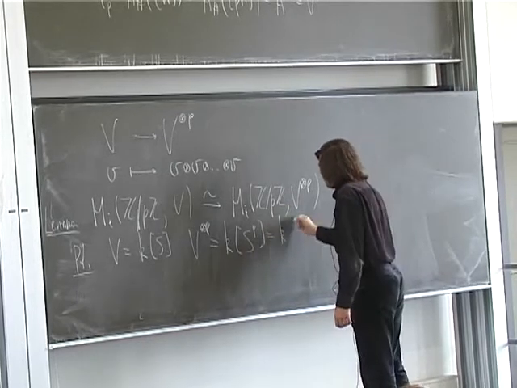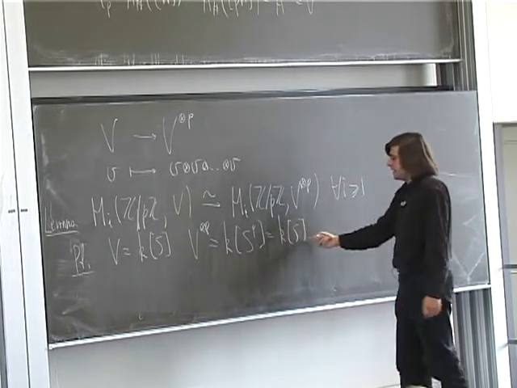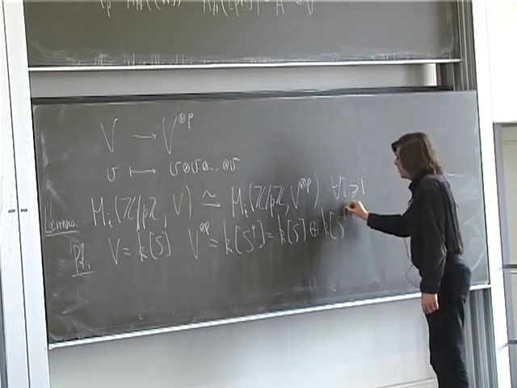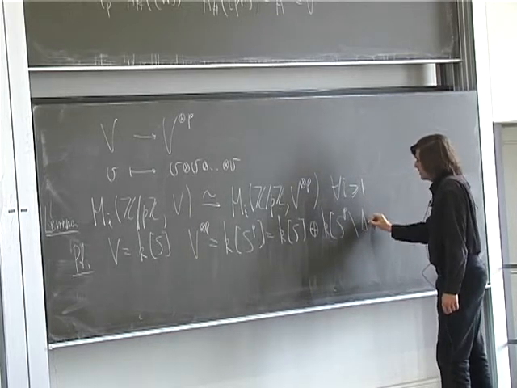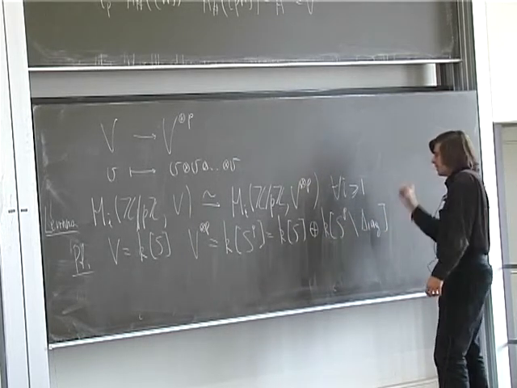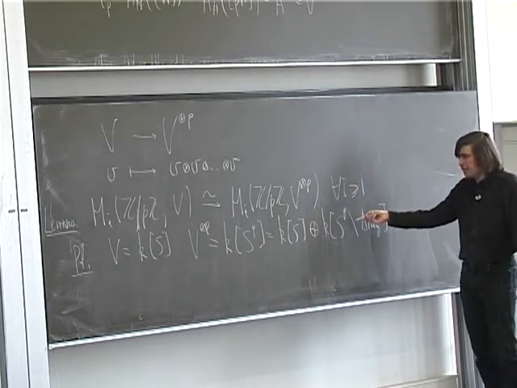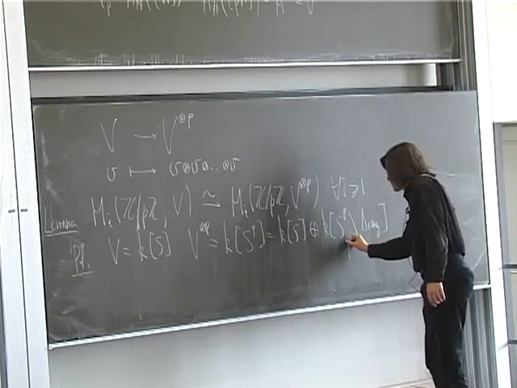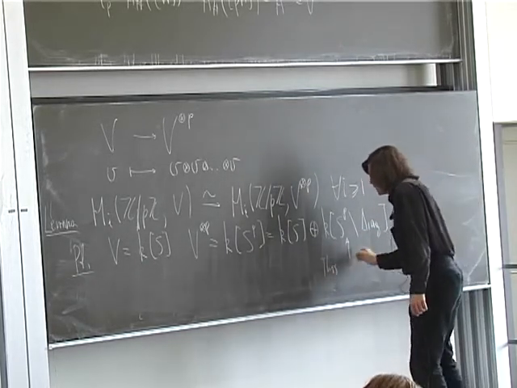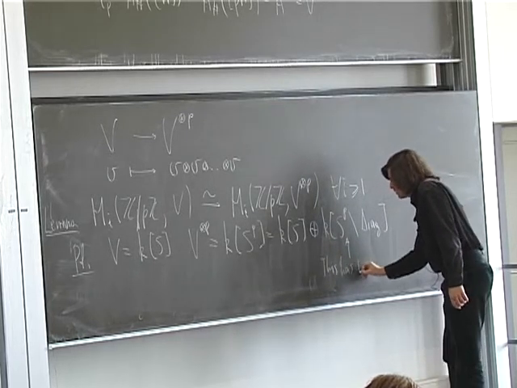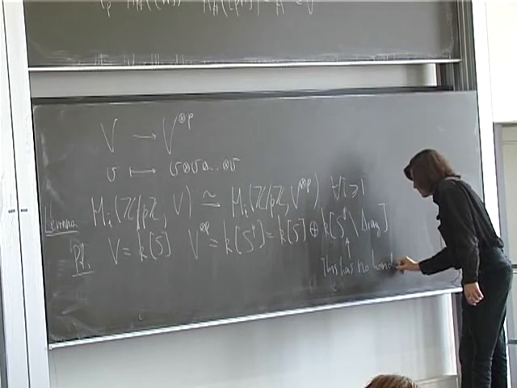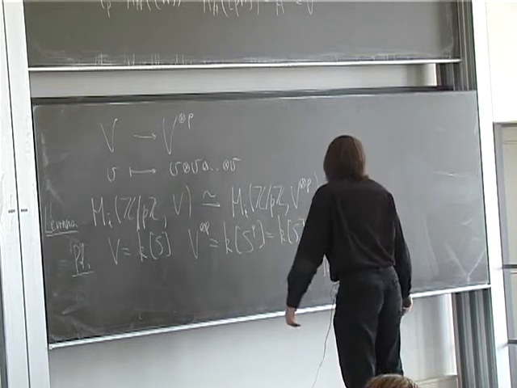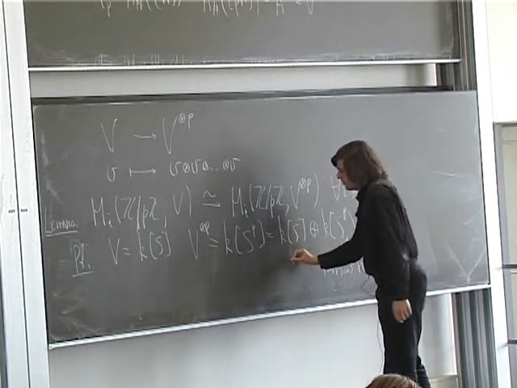So this actually decomposes into functions on the diagonal plus functions on the complement to the diagonal. But here the action is free, so the representation is free, so there is no homology. So this vanishes. This has no homology. And this is, of course, just free.